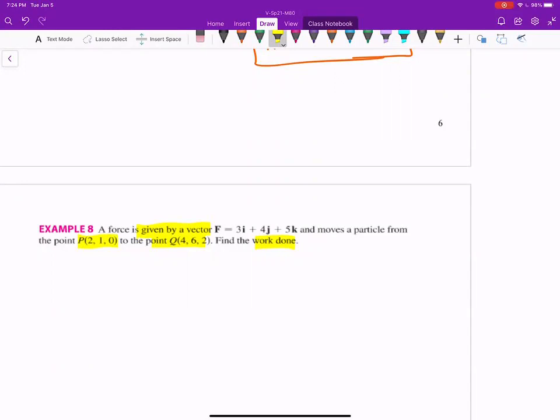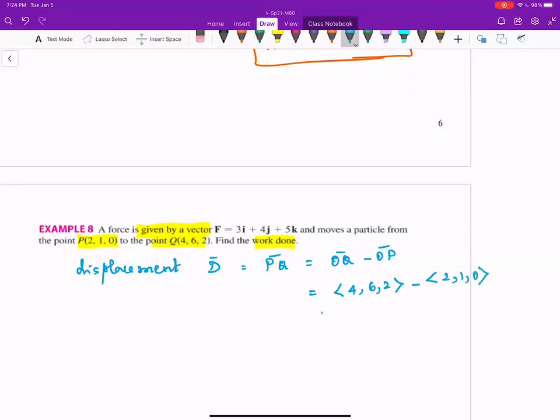So the displacement vector is the vector PQ, which is vector OQ minus vector OP. In component form, it's 4, 6, 2 minus 2, 1, 0.